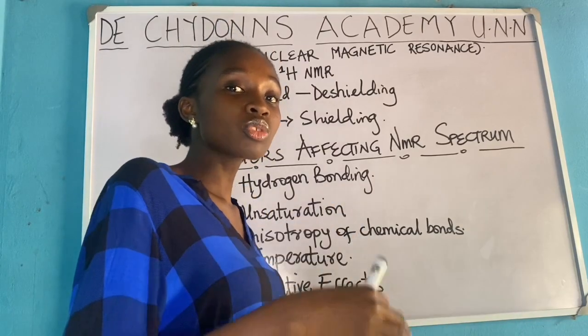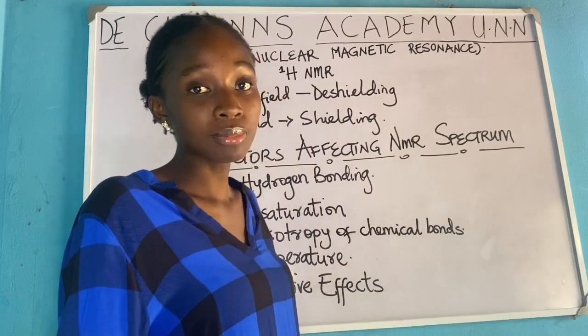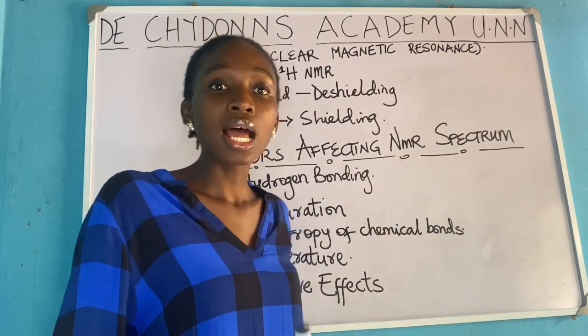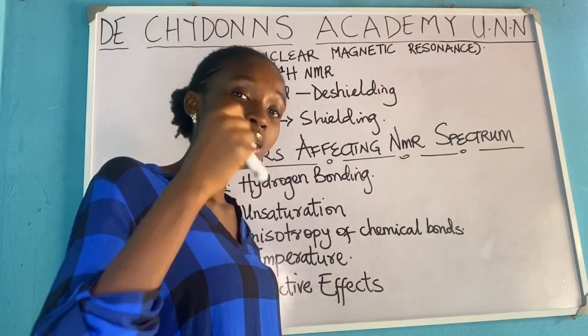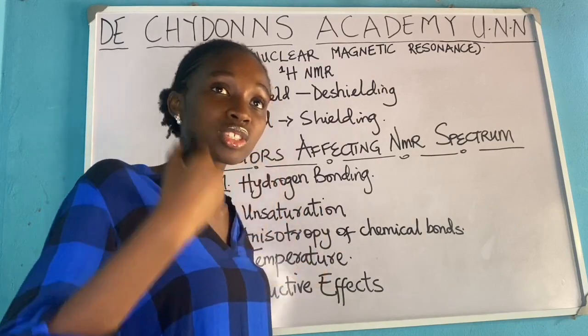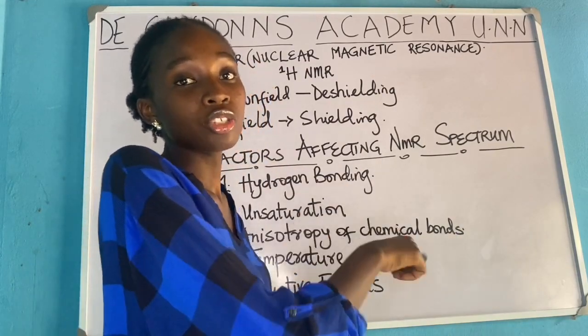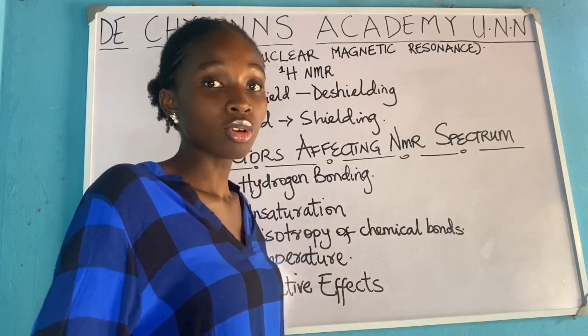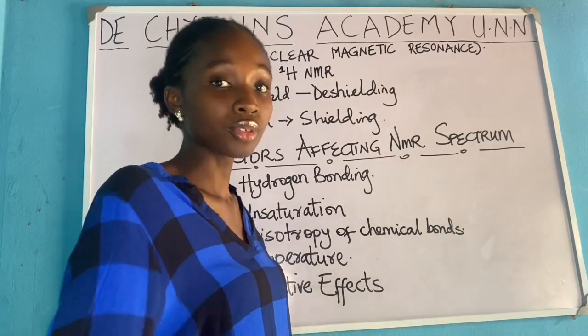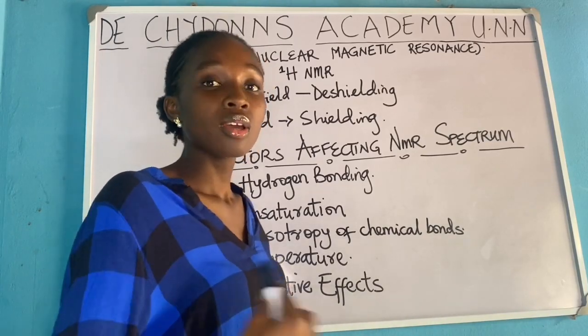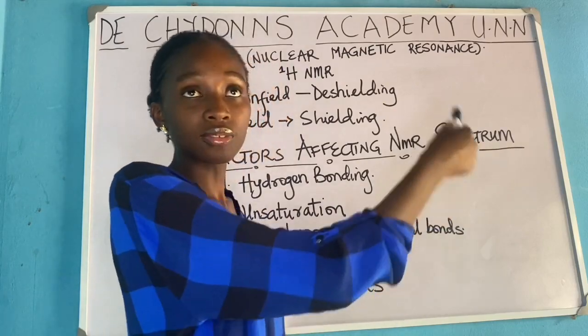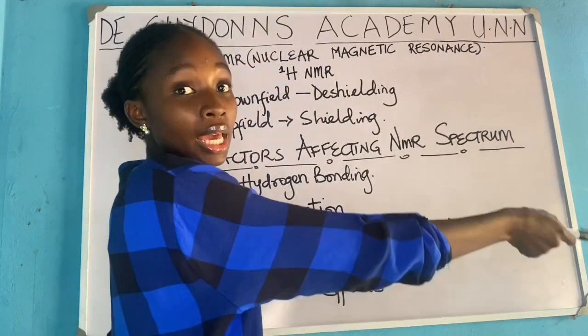The protons in your sample of interest will begin to resonate at the frequency of your introduced energy, or magnetic field. Once they resonate at the same frequency, they begin to give you different peaks in your endpoint.